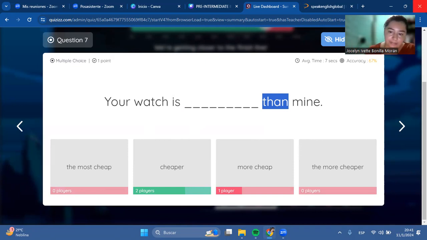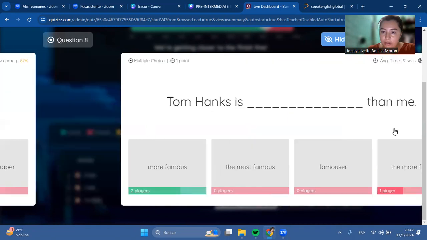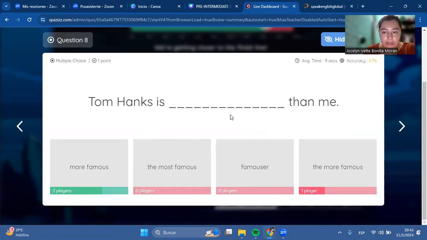Add ER. Let me see. This one, then, again, it's a comparative. So here we have more famous. Remember that we can't use the more. Don't forget that we say the most, but we cannot say the more.